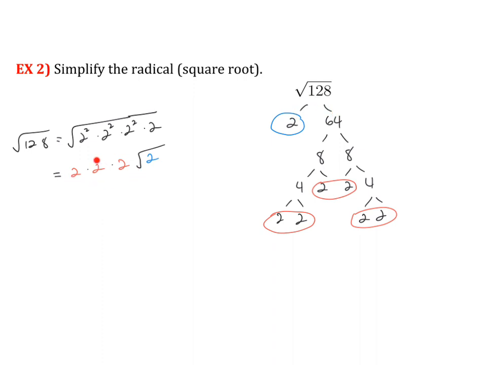So now if I'm trying to put the numbers back together, I need to multiply. So that's what we're doing here. So 2 times 2 times 2 gives us 8 times the square root of 2. And that is the square root of 128 simplified.